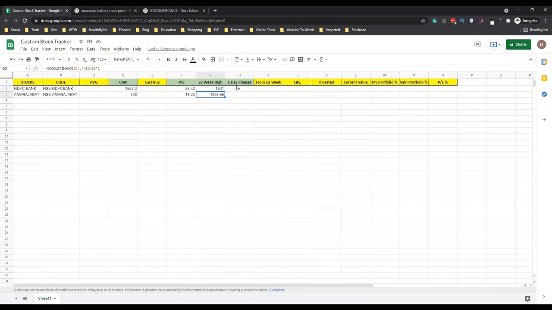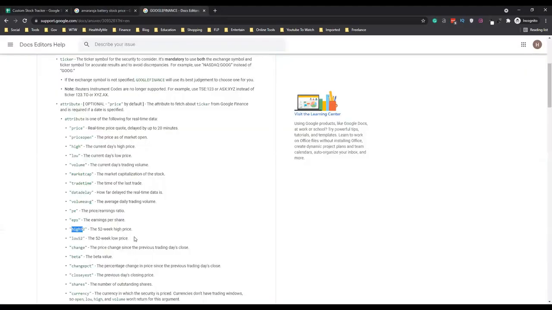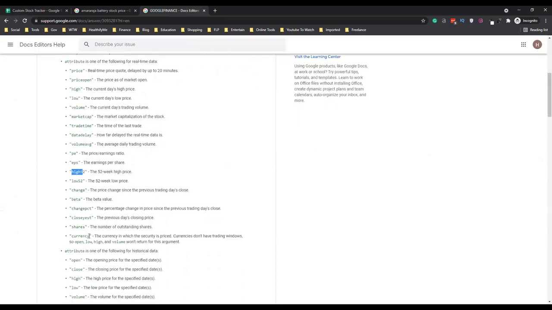And we have to see the one day change. In one day, how much the stock has gone up or down. For that, we have changepct, right? The percent change in the price since the previous trading day close. So we can use this.